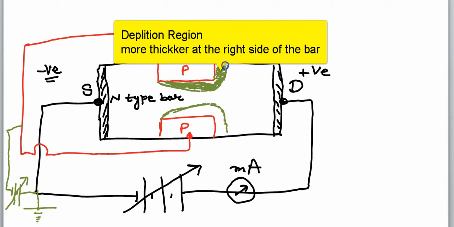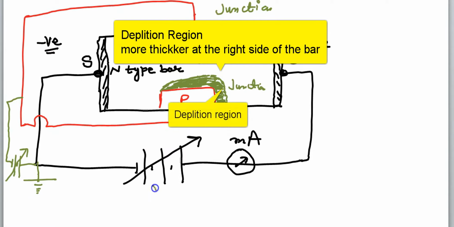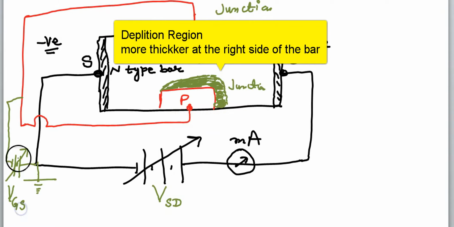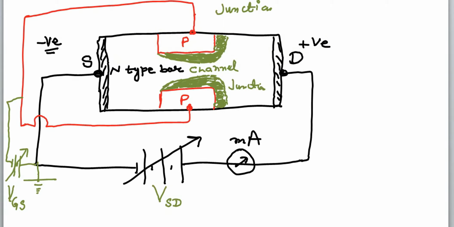And because of the N-type bar and the P-type gate, a p-n junction is formed. This junction formed is not symmetrical, it is asymmetrical. It is wedge shaped. This is VGS, the gate source voltage. So between the gate, there is a channel.